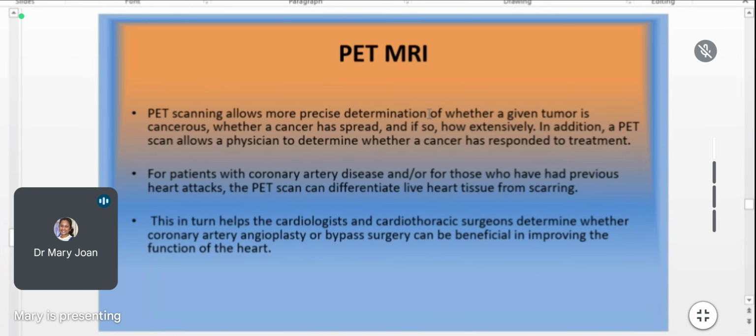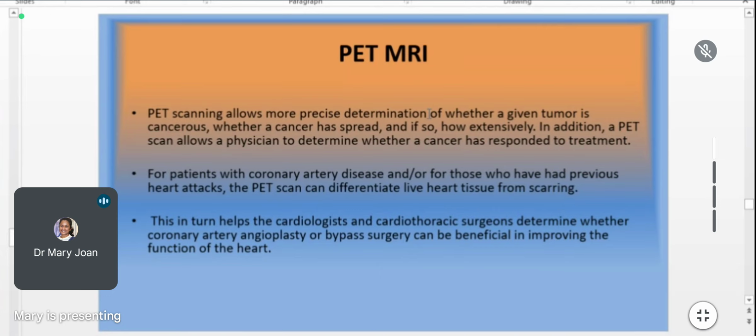So all this information we can get by using PET, and MRI will tell exactly how much is the size, what is seen on this, and the PET will tell out of that size how much is really active at a particular point of time.